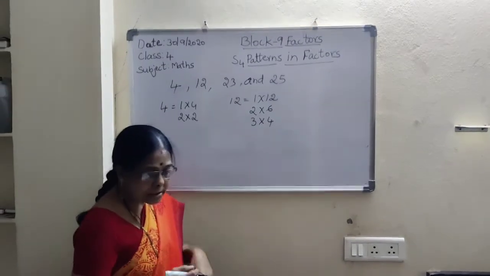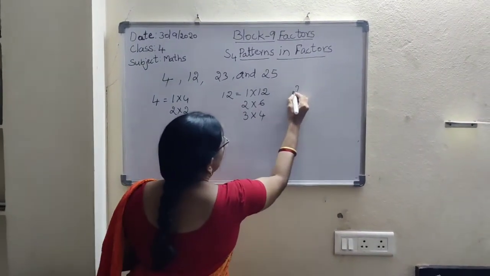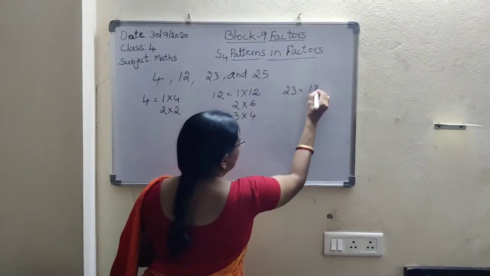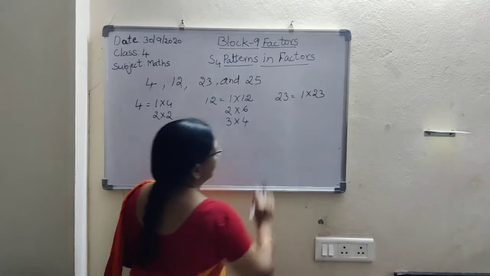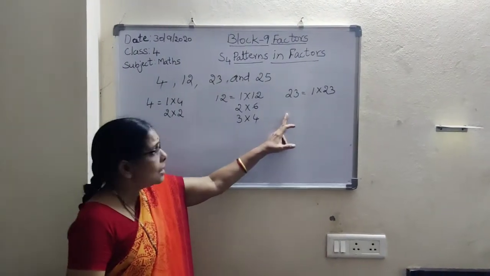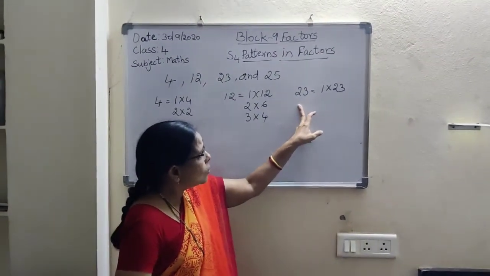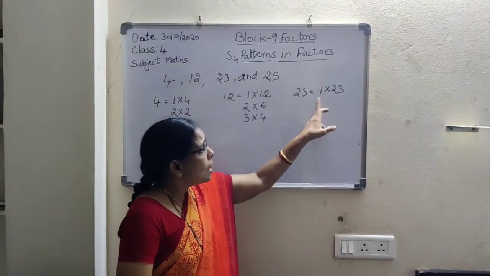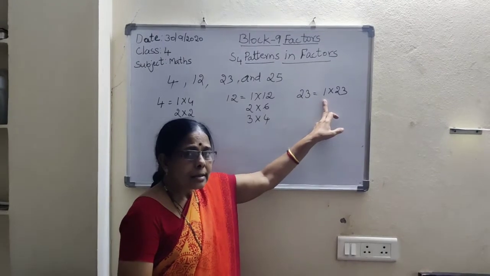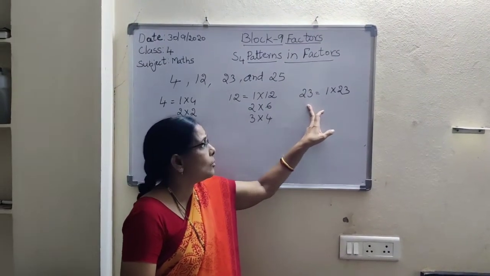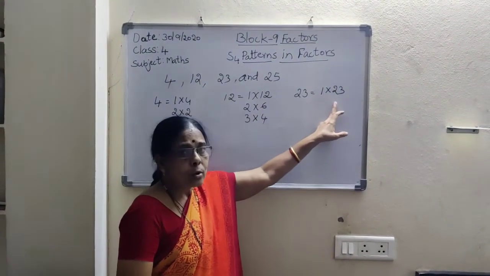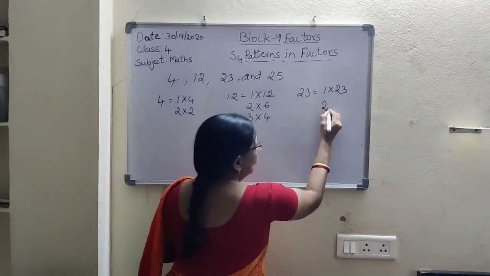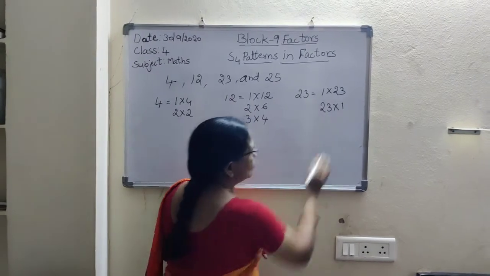Okay children. Next 23. What are the factors of 23? 1 23s are 23. Children, this 23 will not go in any table. Understand, children? It will go only in one table and the same number 23 table. Okay children? 1 into 23. 1 23s are 23 and 23 1s are 23.